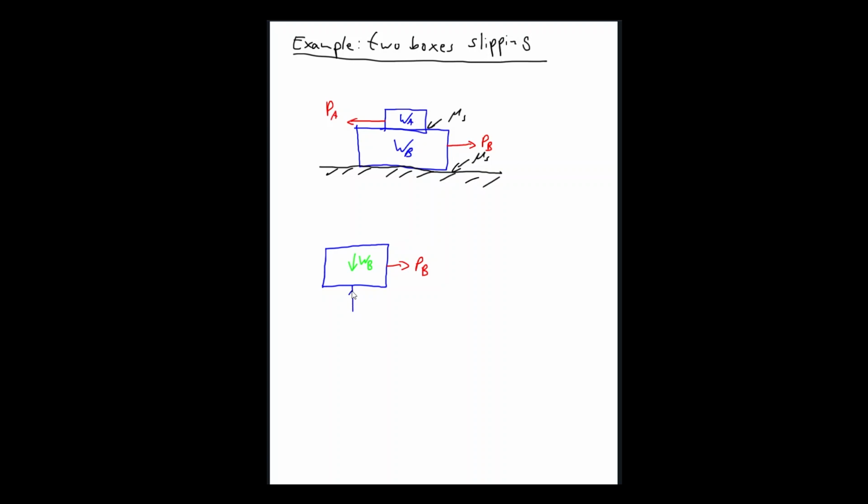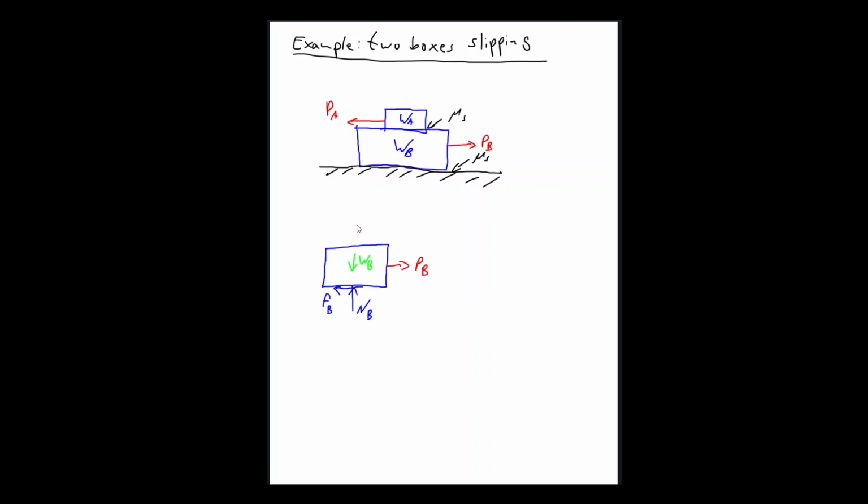We'll have a normal force. We'll call that normal force NB, and which means it's a rough surface, so we'll have a friction force there too. Now this box is being pulled to the left, so the force has to be acting to the right. FB.